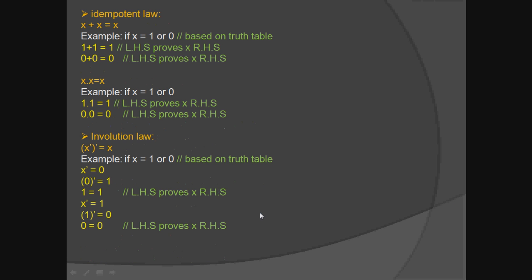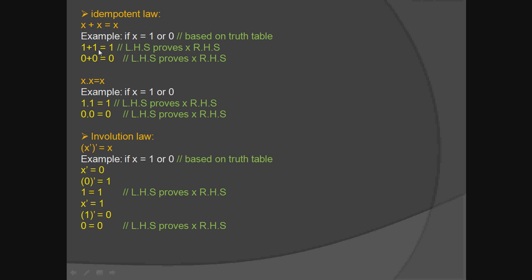Okay, so next is the idempotent law. Here x plus x equals x. So we give the value of x equals 1. Now 1 plus 1 equals 1, which is the right hand side 1, right? Again, 0 plus 0 equals 0, which proves the right hand side 0.